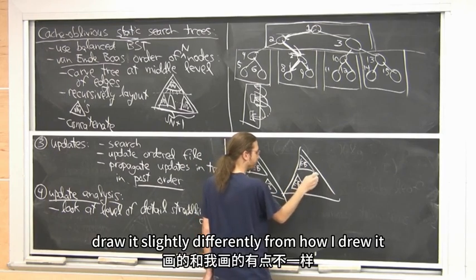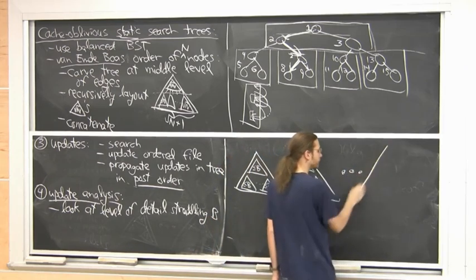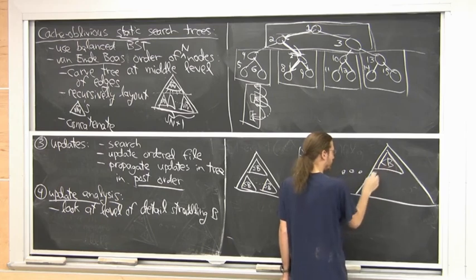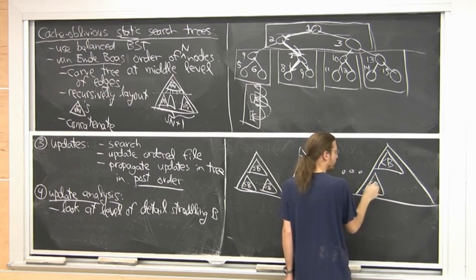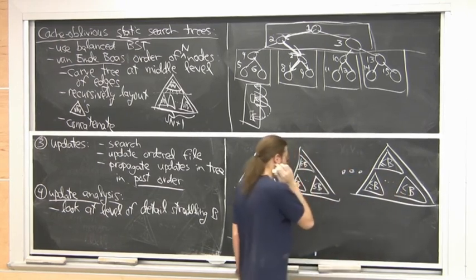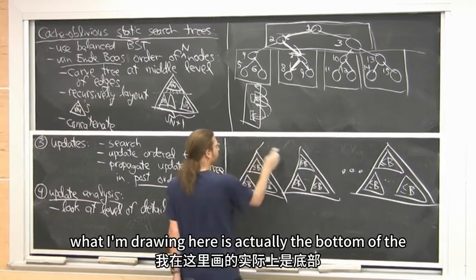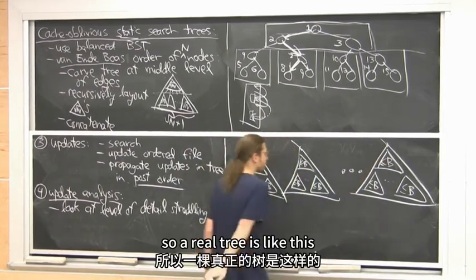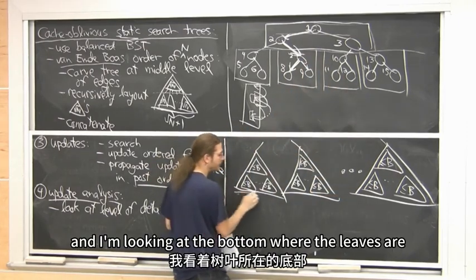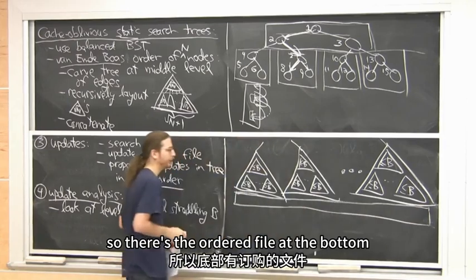I'm going to draw it slightly differently from how I drew it last time. What I'm drawing here is actually the bottom of the tree. So a real tree is like this. And I'm looking at the bottom where the leaves are because I care about where I connect to this ordered file. So there's the ordered file at the bottom.